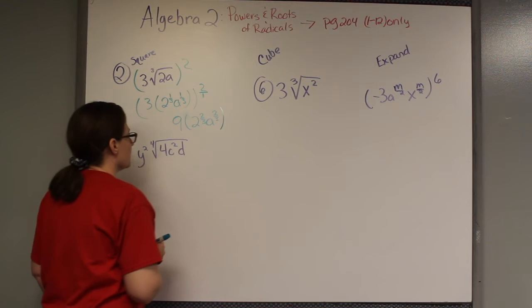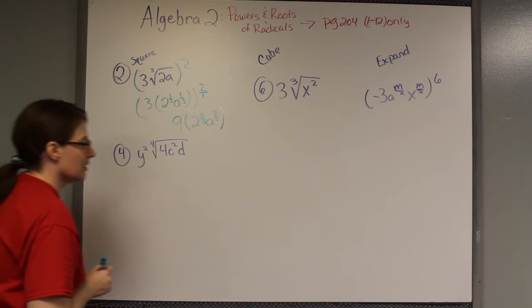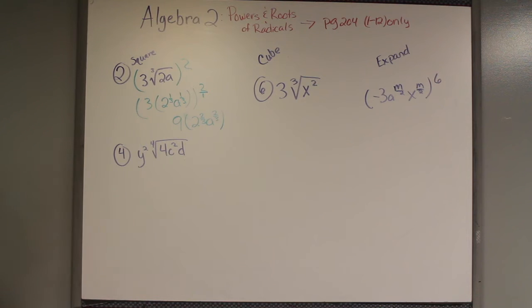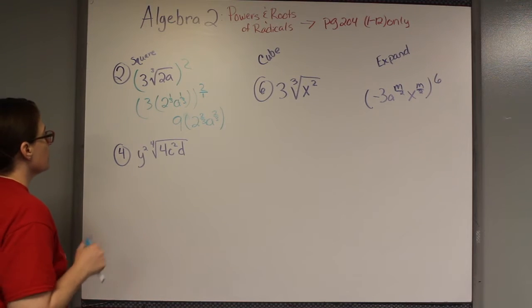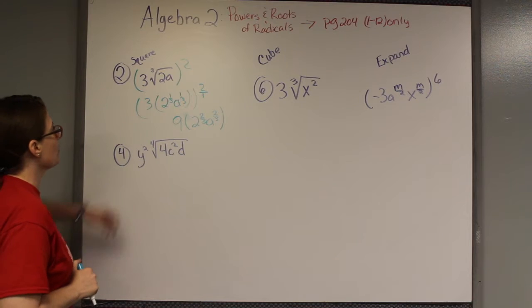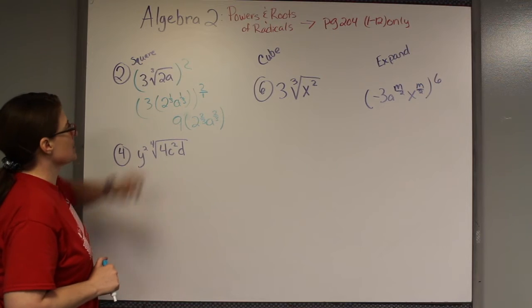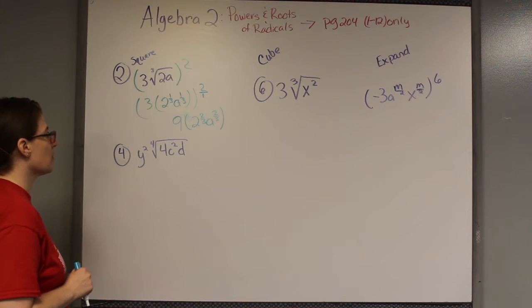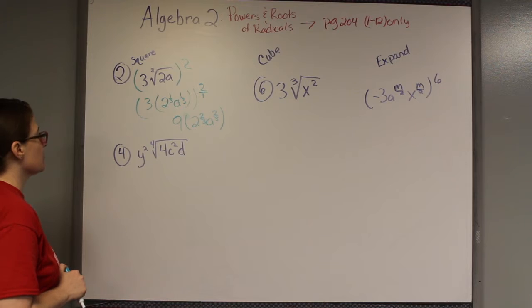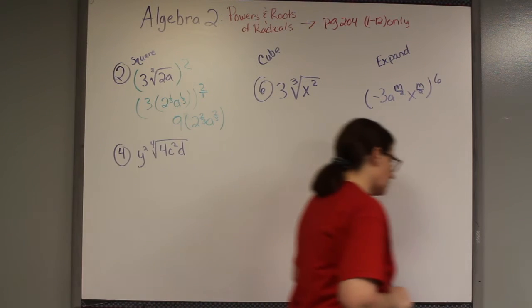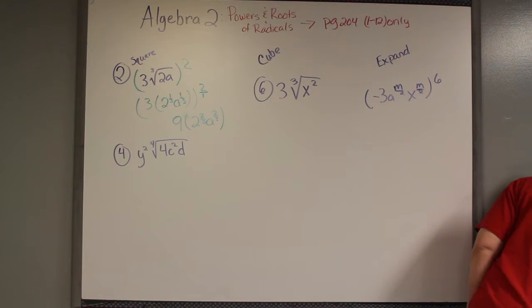Actually I feel like this one would be a lot easier to go about the other route, but we'll go about it this way. Some of them, if this is not a 3, you can just square this and square that. But since this is a 3, we'll keep it this way because this is the proper technique of what we're doing here. I just want to make sure this is problem 2. Yeah, okay.